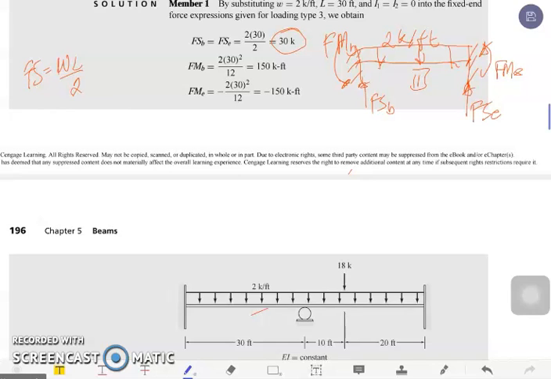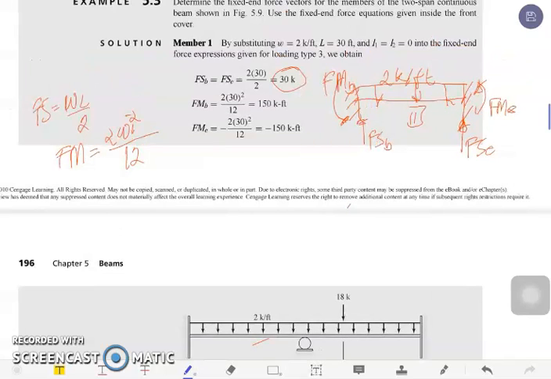Now for the moment force, our F sub M is equivalent to WL squared all over 12. So this is the formula for our moment force. The moment force at the beginning of the member is positive 2 times 30 squared all over 12, which is equivalent to 150 kips feet.